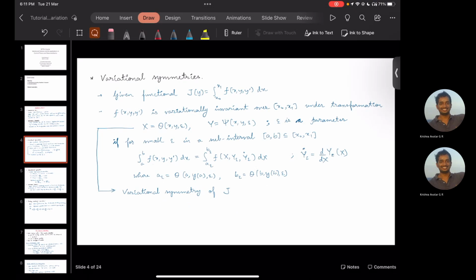Now let's come to variational symmetries. Let's take the very basic functional, which we have been discussing a lot in this course, defined as J of y equals the integral of f of x, y, y prime over x0 to x1. The integrand of this functional is variationally invariant over the domain x0 x1 under a transformation. The transformation is capital X equals theta of x, y, epsilon, and capital Y equals psi of x, y, epsilon, where epsilon is a parameter.